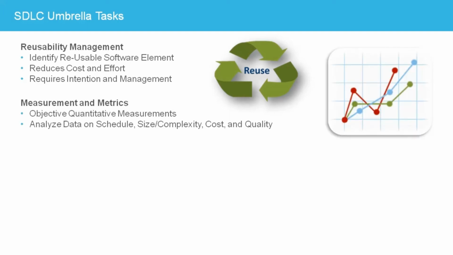Over the life of the project, the project manager must gather objective, quantitative measurement data and analyze it to influence future actions and plans. The data gathered can be compared to metrics around schedule, size, complexity, cost, and quality to evaluate the current project status with respect to the project plan.